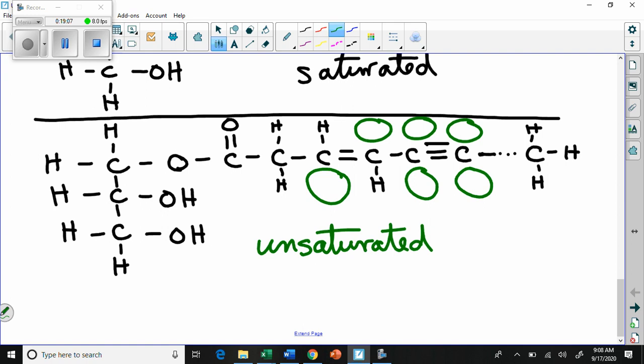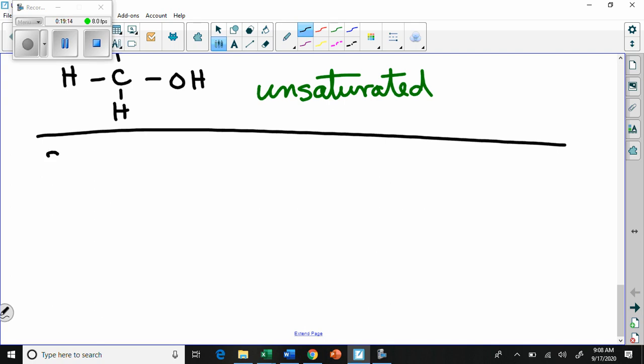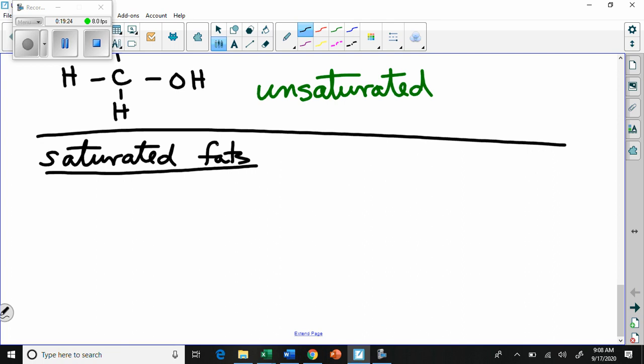Okay, now what's interesting about these fats is their behaviors change, as I said. With saturated fats, or lipids, they tend to be solid at room temperature.